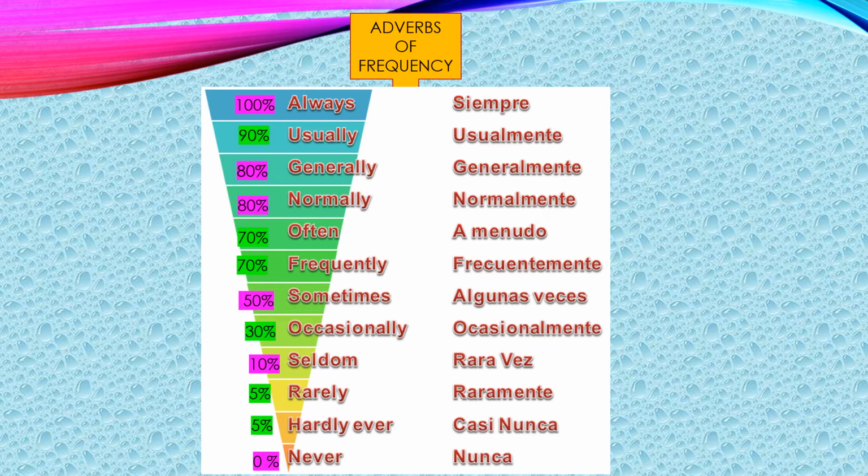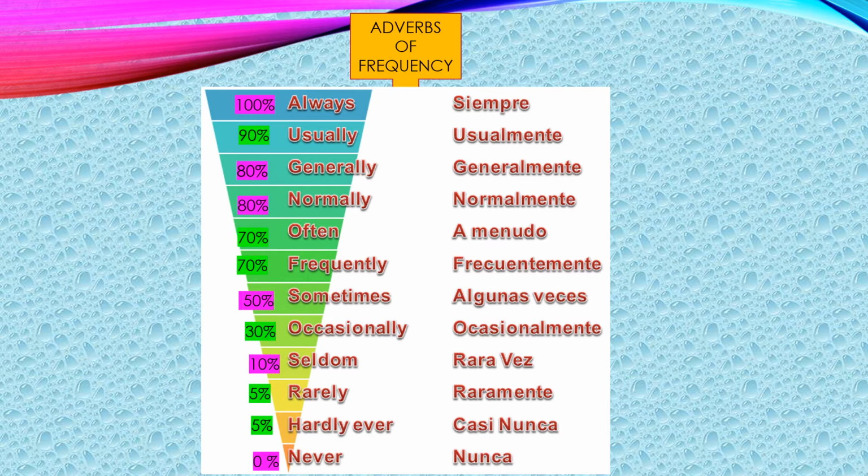When you say, I use it frequently, it's because you are describing this activity and telling us that you use it 70%.